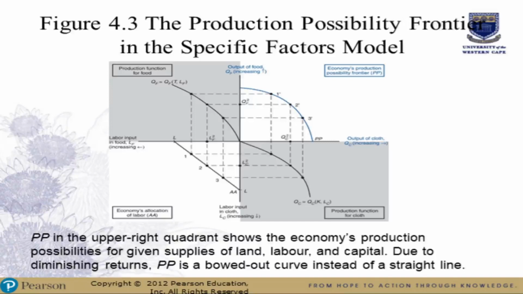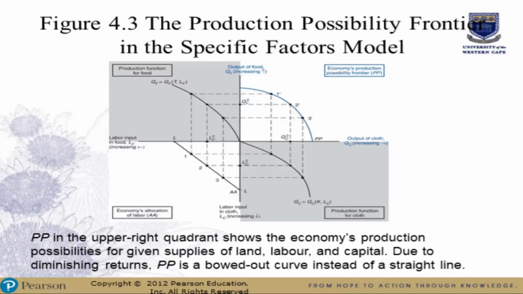The lower right quadrant shows production function for cloth as illustrated in figure 4.1. However, the figure has been turned on its side. A movement downwards along the vertical axis shows an increase in labor input in the cloth sector, whereas a rightward movement on the horizontal axis shows an increase in the output of cloth.